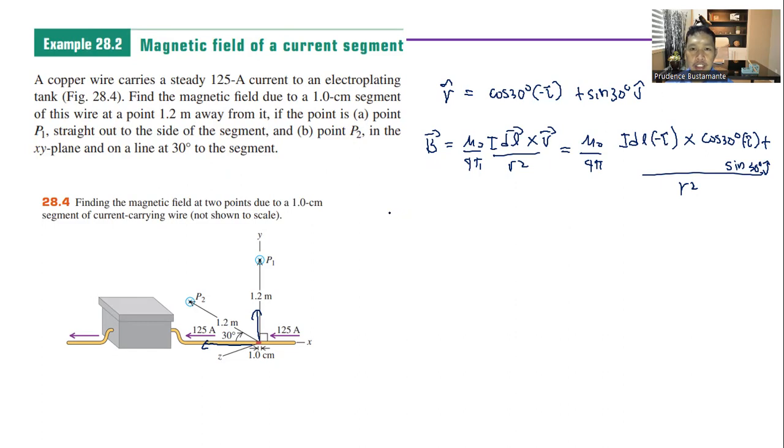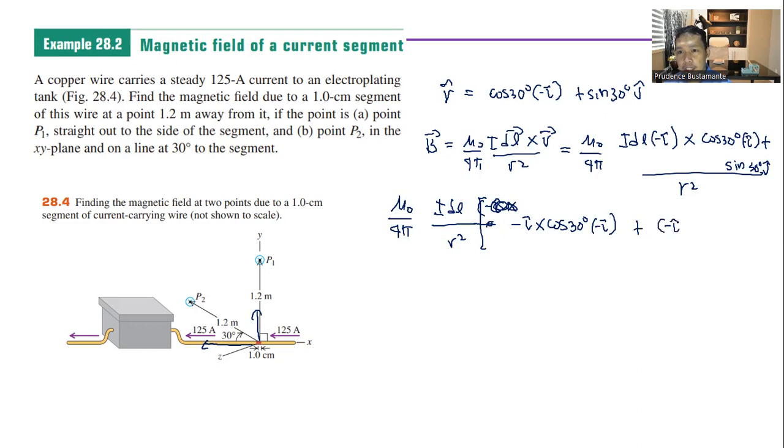So here, we have I dl over r squared. Let's factor out this one: negative i cross cosine of 30 degrees times negative i, plus negative i cross sine of 30 degrees j.